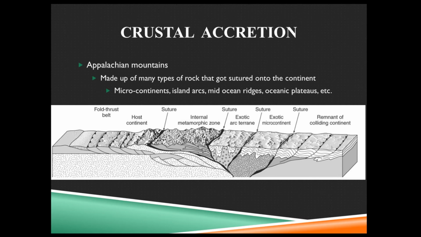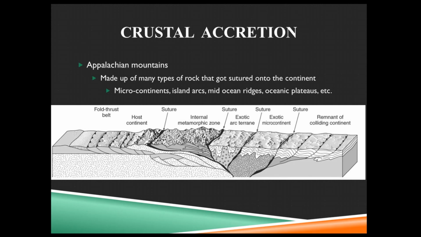The point is that it's felsic, it could not subduct, but it wasn't the actual continent from the other side of the ocean that reached North America. So then there's another suture zone. And then another exotic terrain, in this case identified as a microcontinent. And then another suture zone.